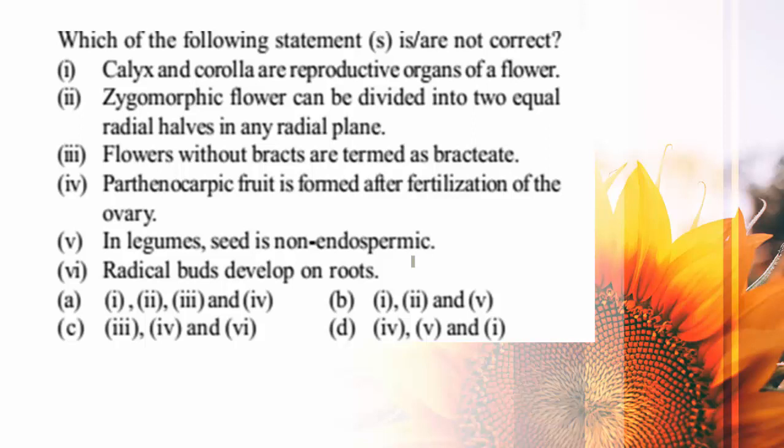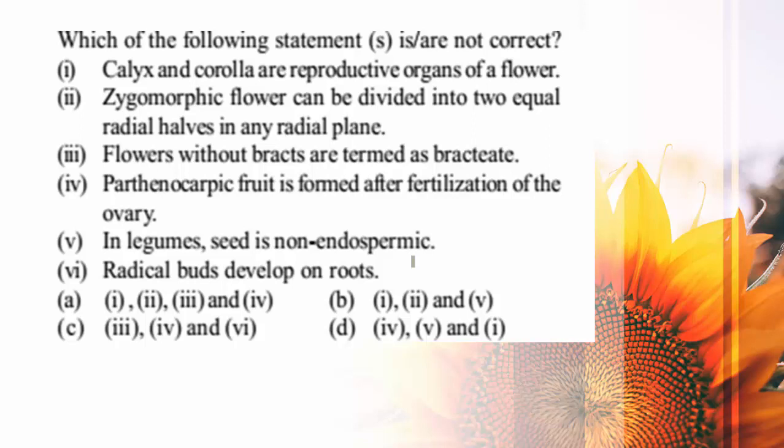Therefore, the first statement is not correct. That means it is wrong. Zygomorphic flower can be divided into two equal radial halves in any radial plane? Zygomorphic flower can be divided into two equal halves only in one plane. That is nothing but bilateral symmetry, like in animals. Like that here, zygomorphic flower.